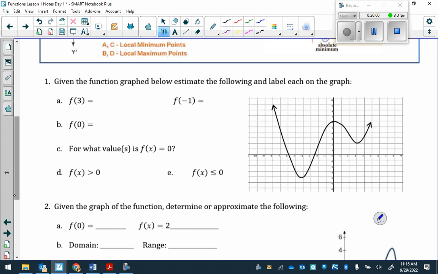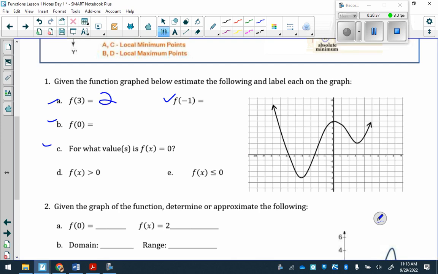We have the graph to the right. I want you to try A, B, C, and then f of negative 1. Try those four right now since we've been doing those. All right. So f of 3, what do we have? Go ahead, Isabel. 2.